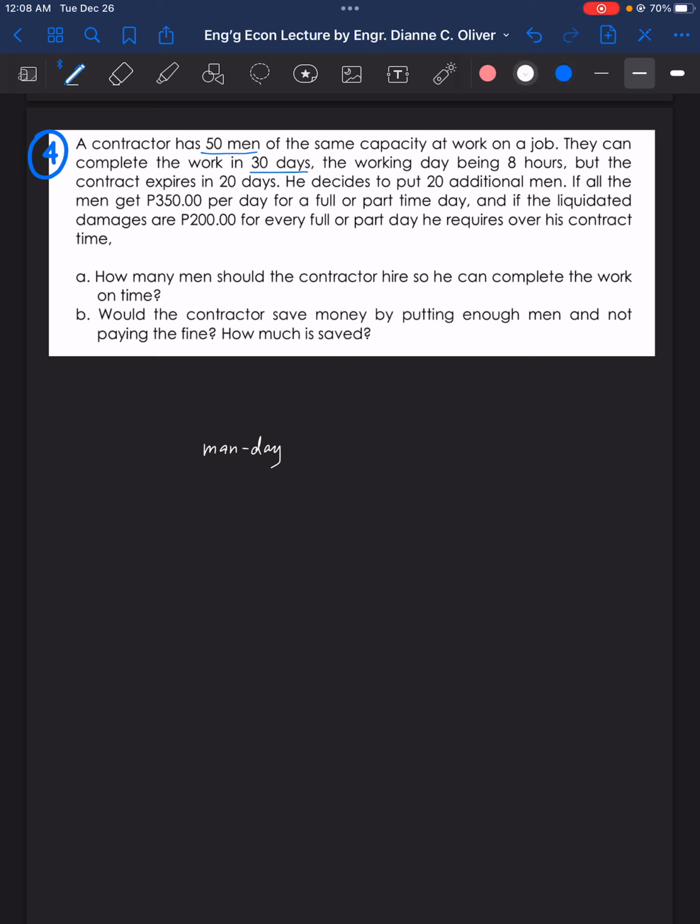So there is the data. Meaning, for the 50 men who can finish the work in 30 days, how many men can finish the work in 20 days?